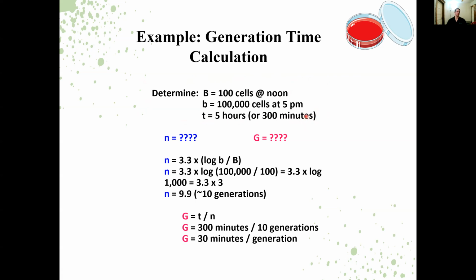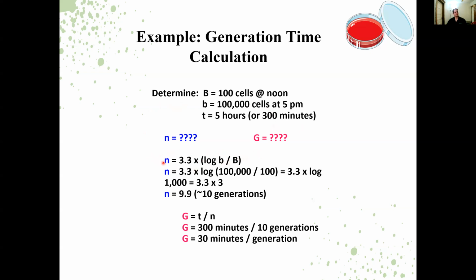It's much better to work in minutes, just as a tip. You can always convert it at the end of your calculation, as long as your numbers are correct. So how do we go about this then? First, n is equal to 3.3 times the log of b over B.